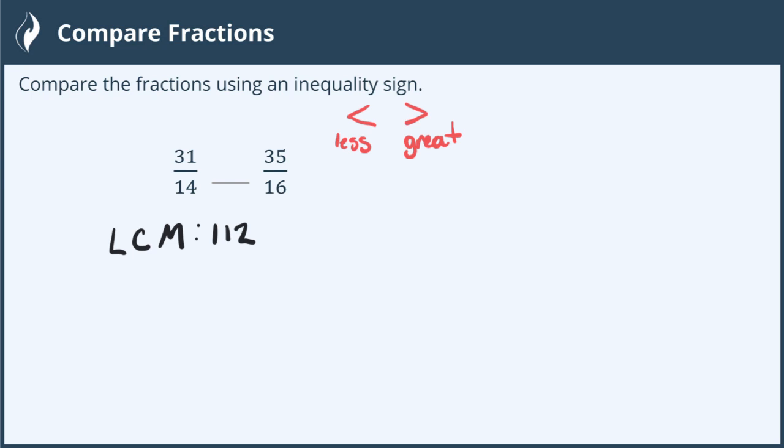If this is not familiar or is confusing to find for you, then we can just find any common multiple. It doesn't have to be the least of them, and we will do it in both ways.